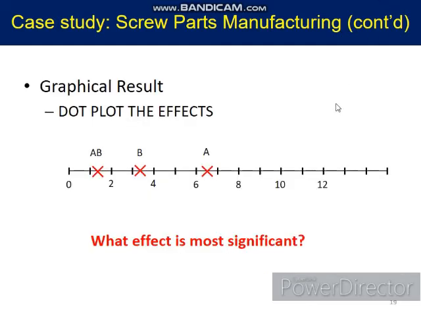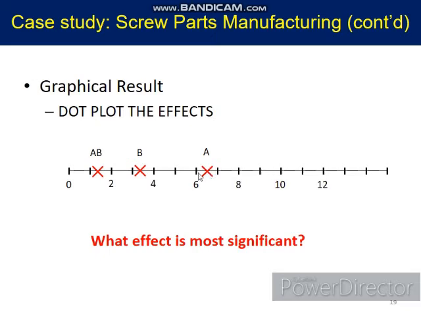Based on the effect calculation just now, we know which factors are more important than others. But you can also present the data in graphical form. It's called a dot plot of effects. In the dot plot, the axis goes from 0 to a high number, and you put the value of each factor effect.